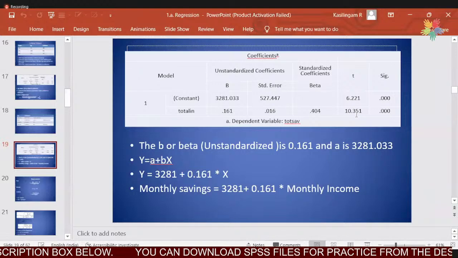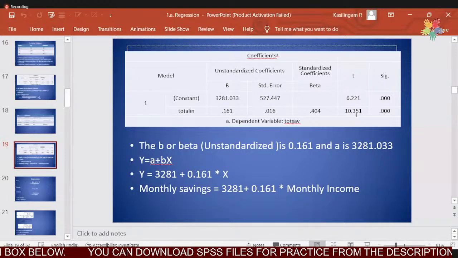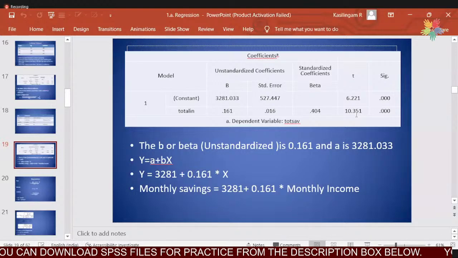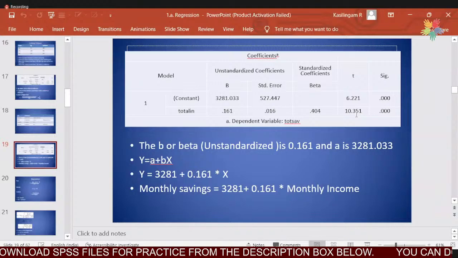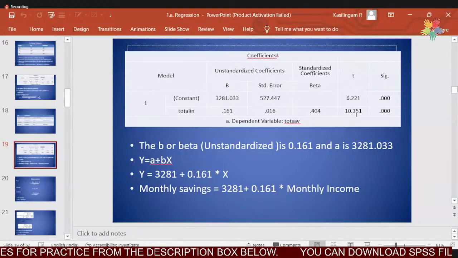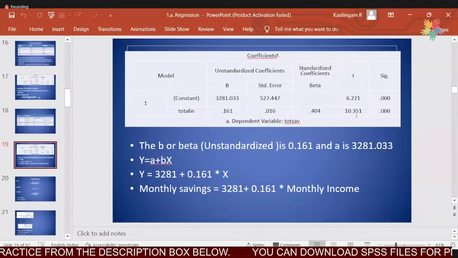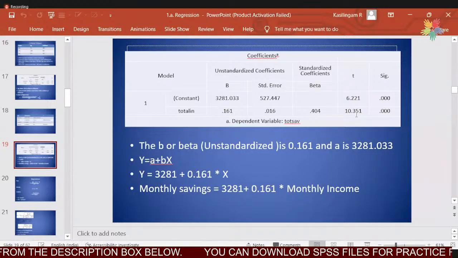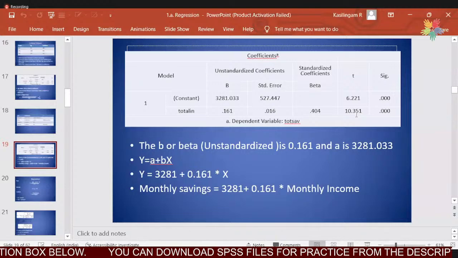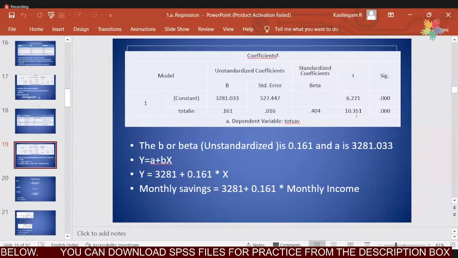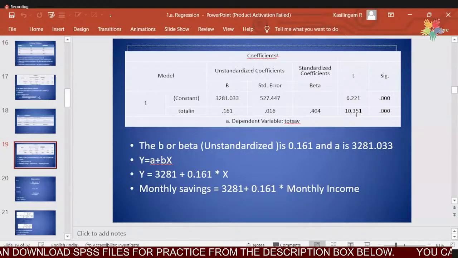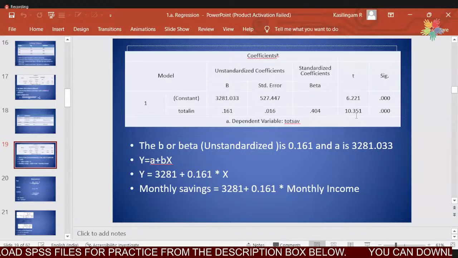As I already discussed for skewness, estimate divided by standard error is the t value. For example, in the independent sample t-test we try to find out whether the difference is significant. Here we are trying to find out whether our beta is significant.